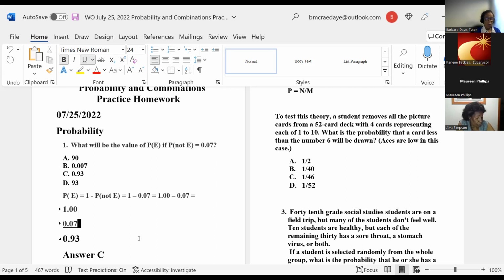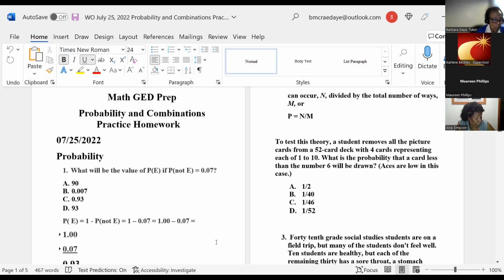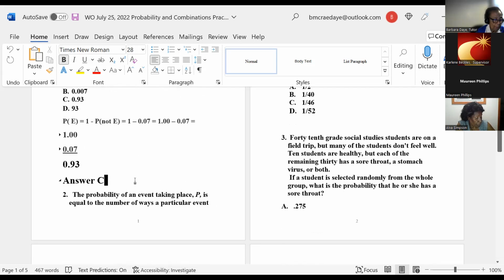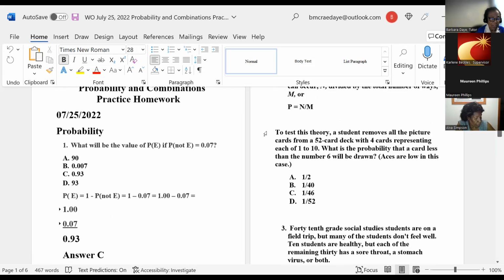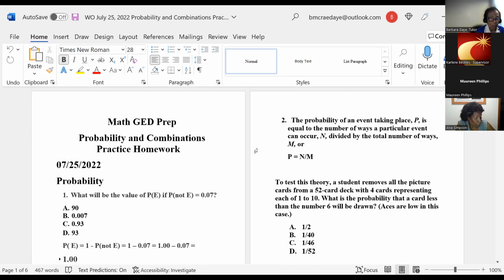So if you know something is not true is equal to a percent, then the true would be 100% minus the not true. Okay, so let's look at number 2. And let me just bring that all over to the next screen. Maureen, can you read number 2?